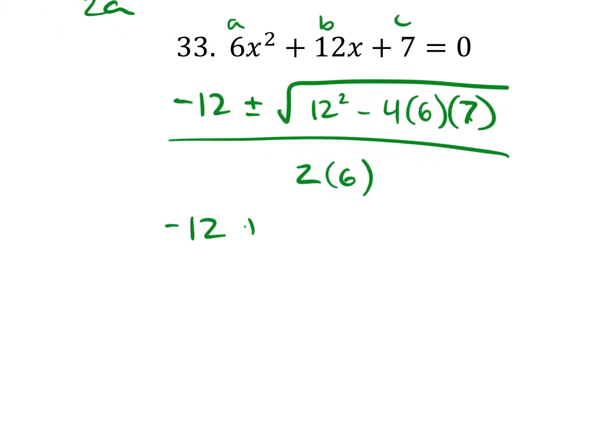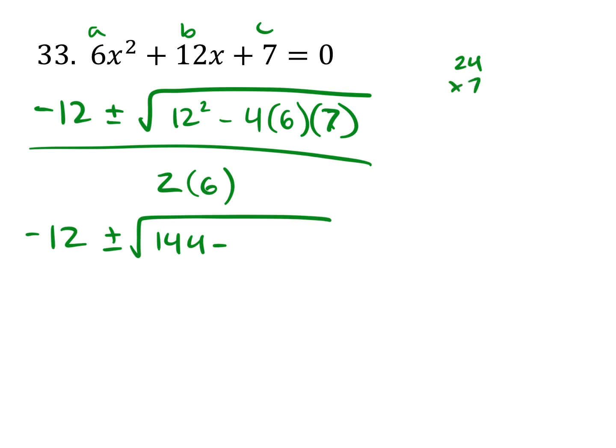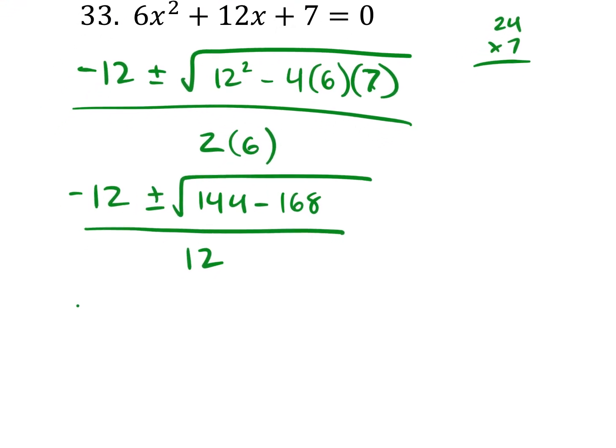So negative 12 plus or minus the square root of 144 minus, this would be 24 times 7, 168, over 12. So negative 12 plus or minus, what is 144 minus 168? Negative 24 over 12.